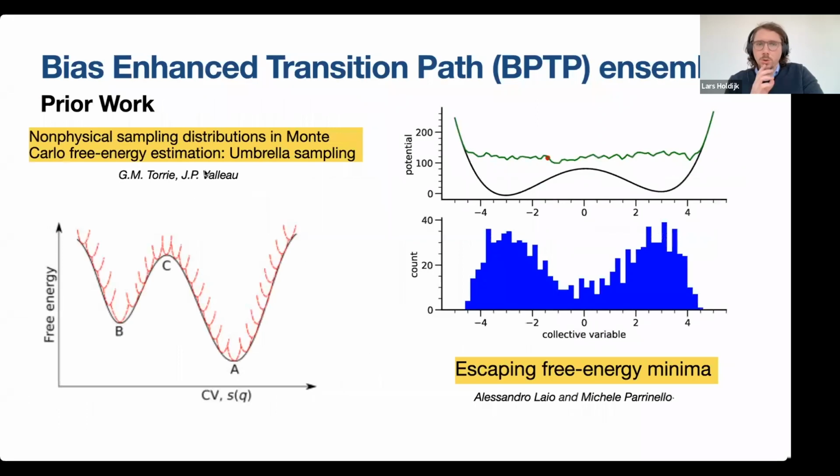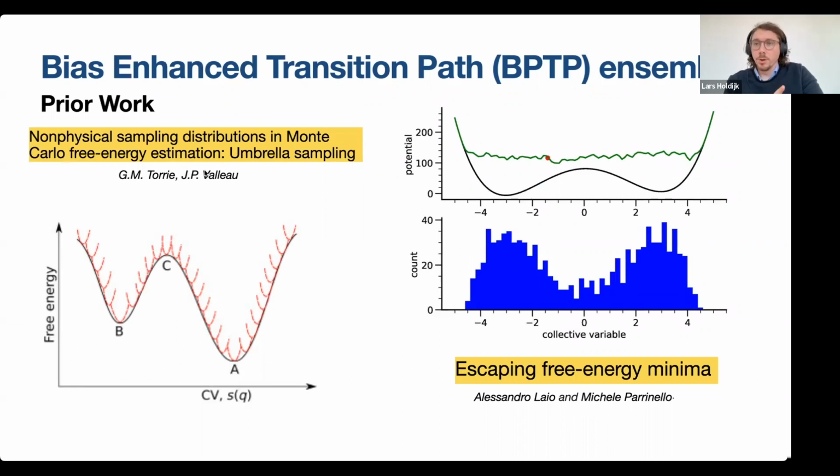So I've highlighted two different works in this area from the computational chemistry literature that I think are very informative if one wants to look further into this line of research. One is called Non-physical Sampling Distributions in Monte Carlo Free Energy Estimation: Umbrella Sampling.